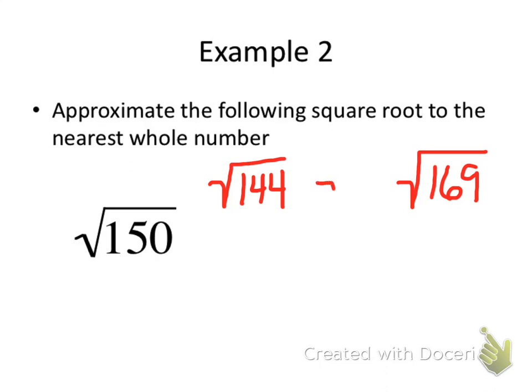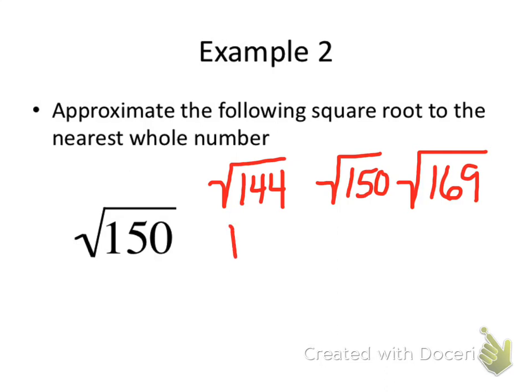Because the square root of 150 is in between those two perfect squares. And when I mean perfect squares, I mean their principal root is a whole number. We could take the square root of any number, but we might get a decimal, okay? So to get a whole number, you're talking perfect squares.